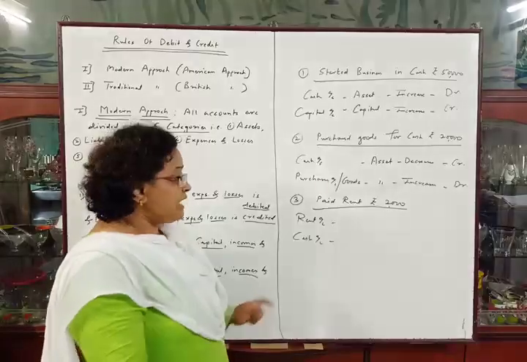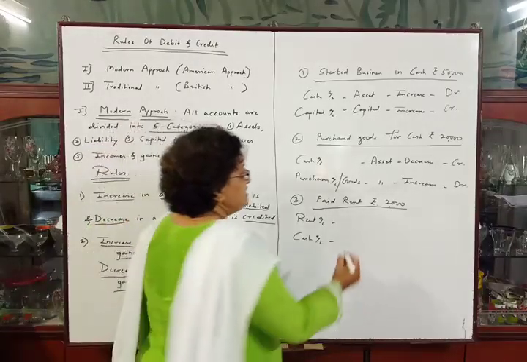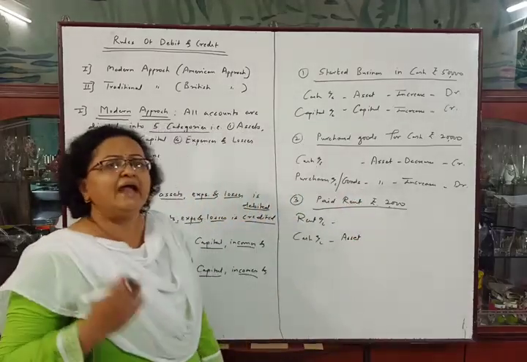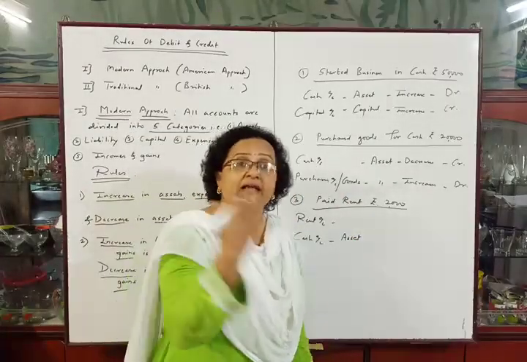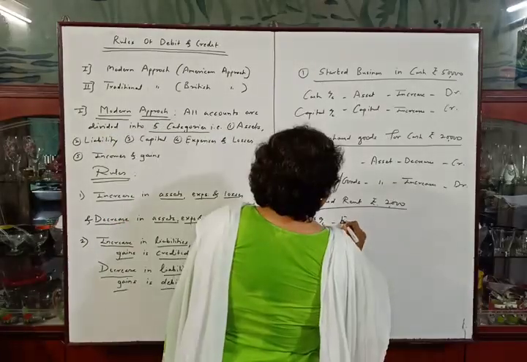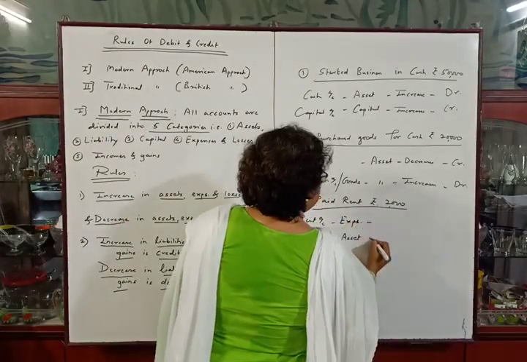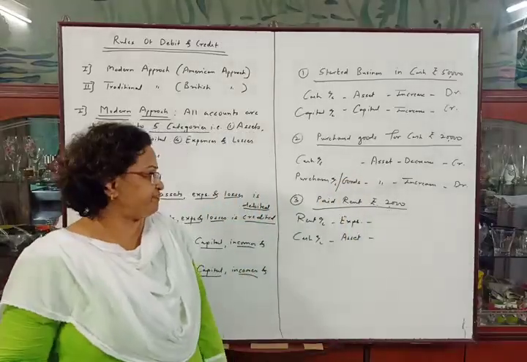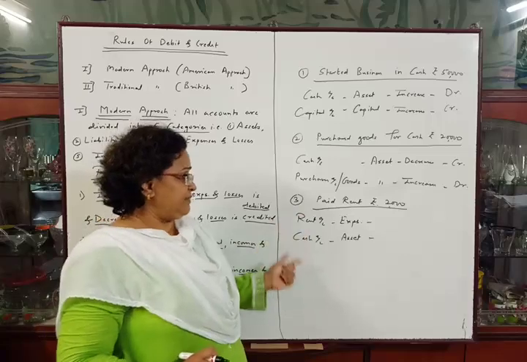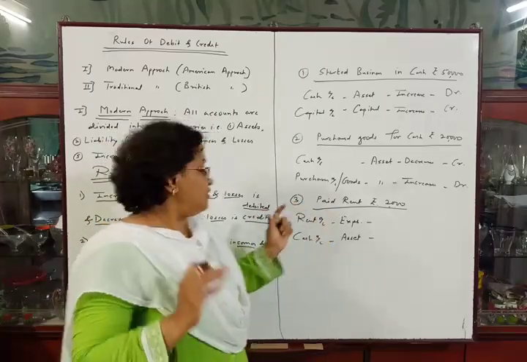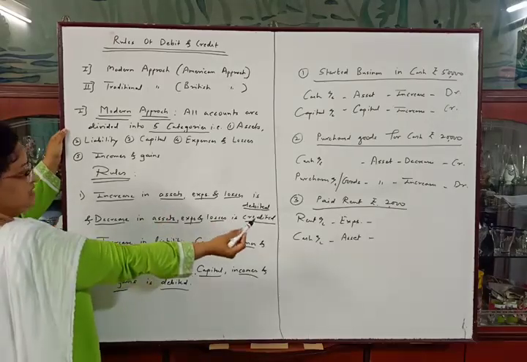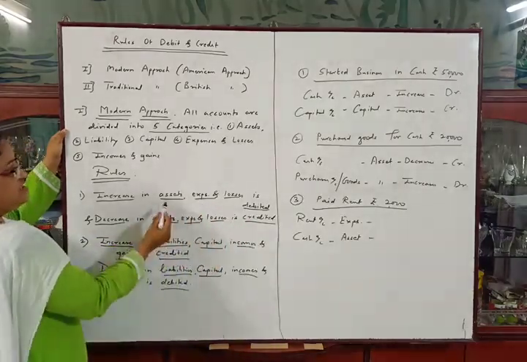Okay, now cash account is our asset, we know that already. And rent, as we are paying rent, is our expense. Now for this transaction we can apply the first rule only, because rent is expense and cash is asset.